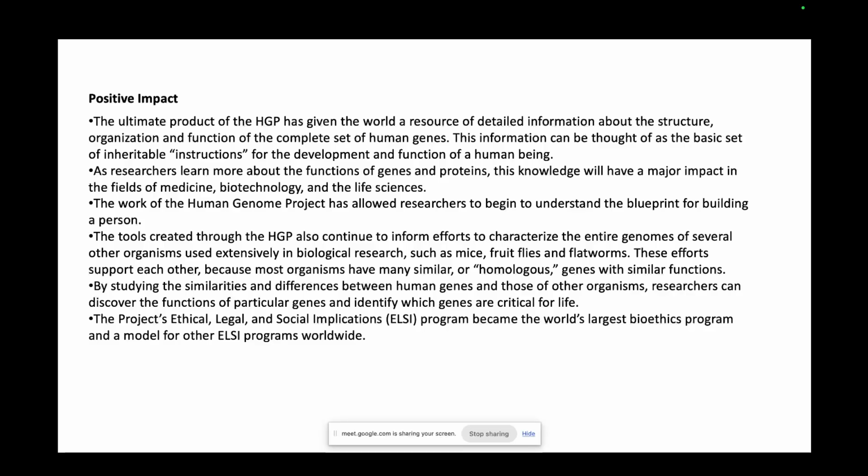These were the inheritable instructions of developmental and functional consequences of the human genome, right? After that we looked into the proteins the genes coded for, and also helped to build certain databases for all the knowledge. So this was the project that gave the blueprint for building a human genome, right?